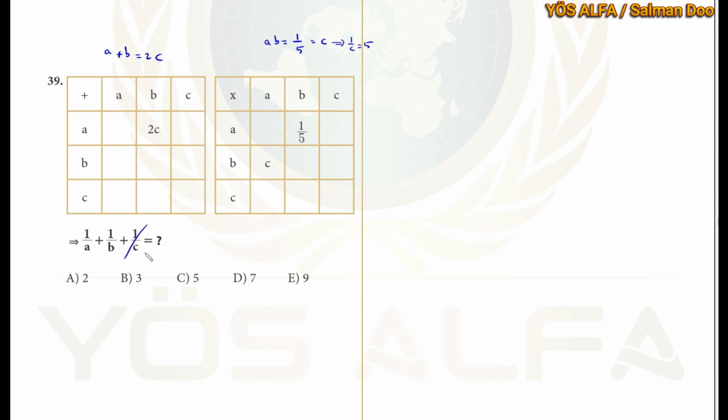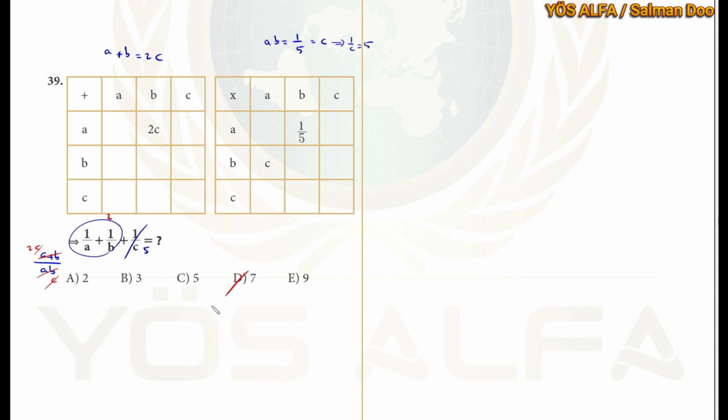So this one is 5. And to get 1 over a plus 1 over b, if we make the common denominator ab, a plus b is given to be 2c, and ab is given to be c. So from here we have 2 when the c's cancel out each other. So 2 plus 5 is 7.